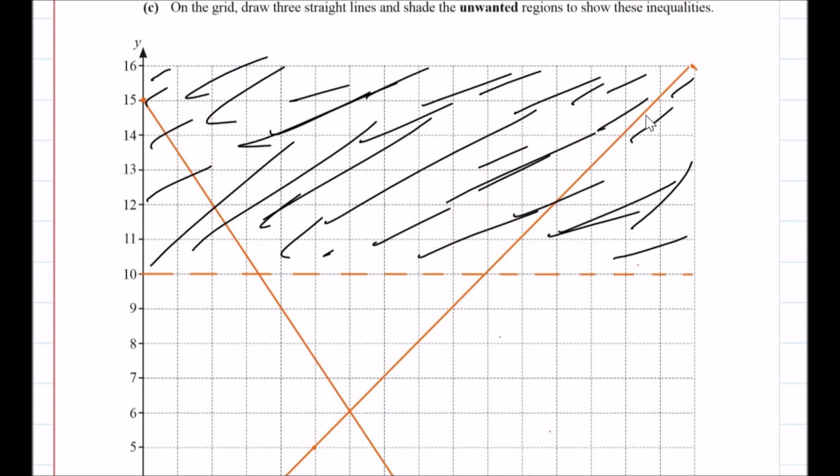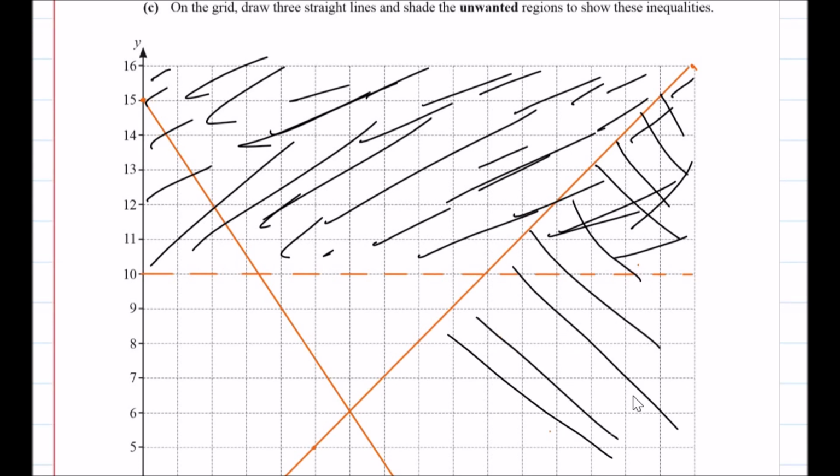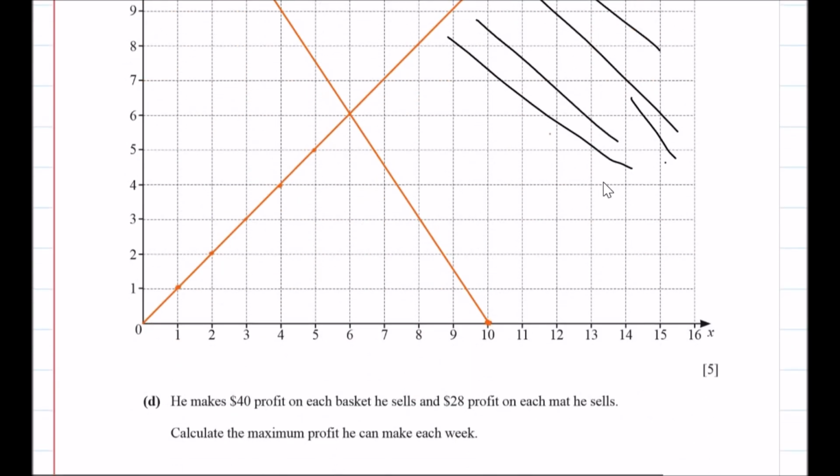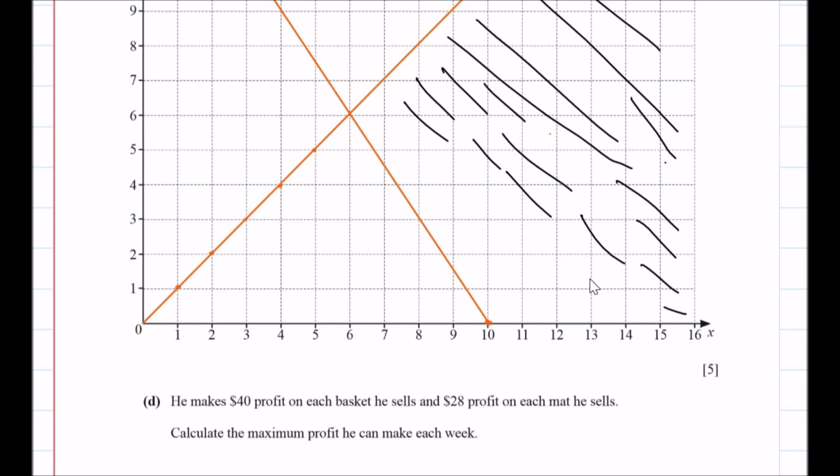So for this line, the below area is this, right? So let us shade fully. I am shading here in this way to save my time. Otherwise, you need to shade properly in the exam.